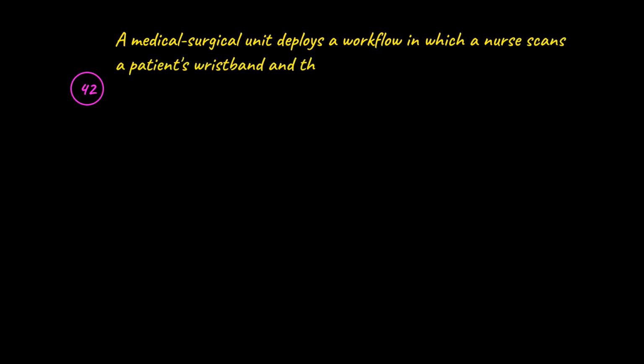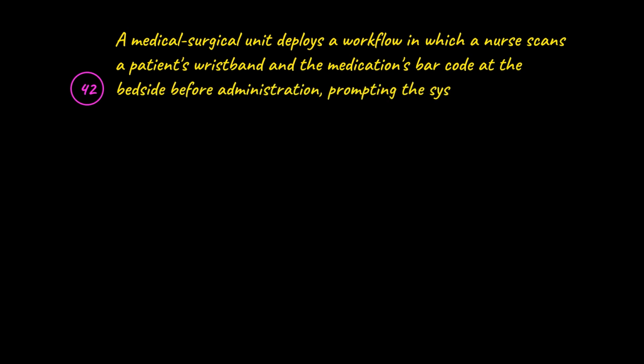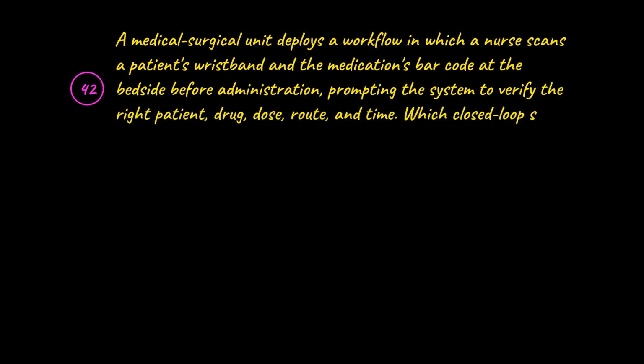Question 42. A medical surgical unit deploys a workflow in which a nurse scans a patient's wristband and the medication's barcode at the bedside before administration, prompting the system to verify the right patient, drug, dose, route, and time. Which closed-loop safety capability is being used?